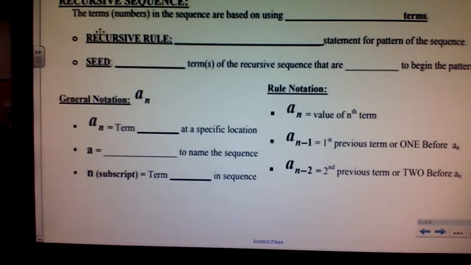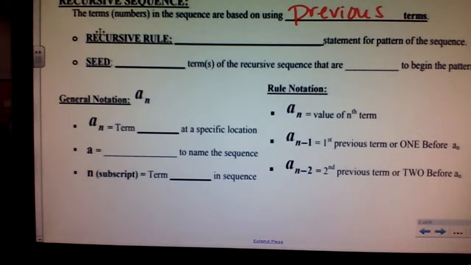All right, so your next equals now plus something, or your next equals something times now, is what we call a recursive sequence. Recursive means that we work backwards. The numbers in our sequence are based on using previous terms.